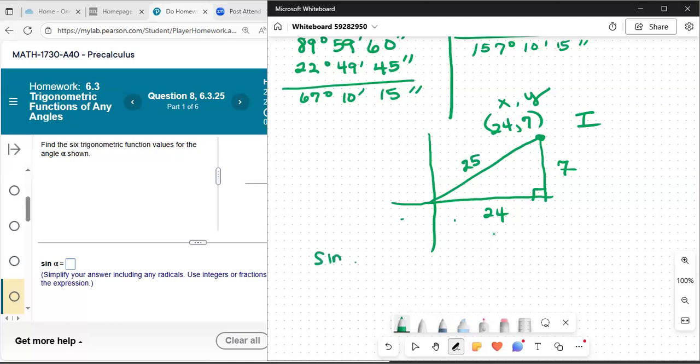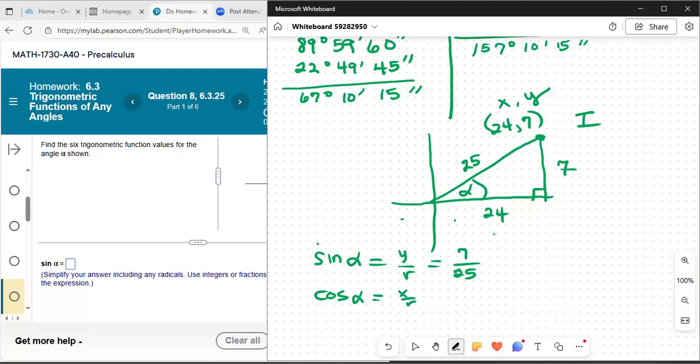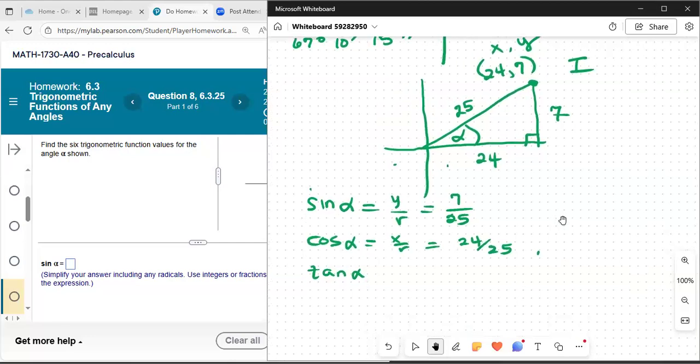So the sine of alpha is y over r, which is 7 over 25. The cosine is x over r, which is equal to 24 over 25. The tangent of alpha is equal to y over x, which is 7 over 24.